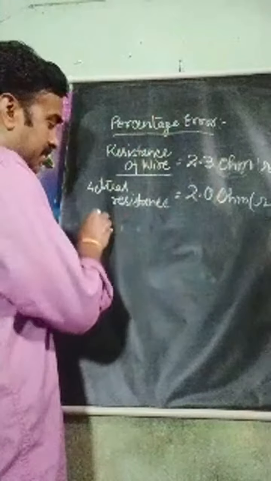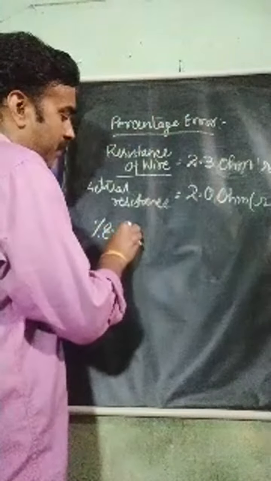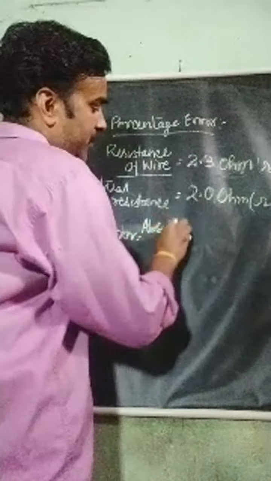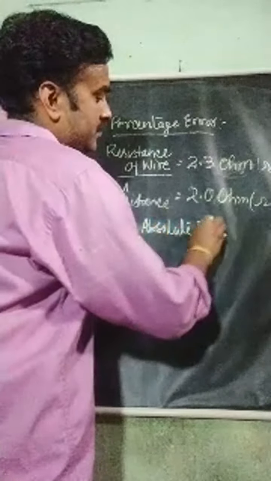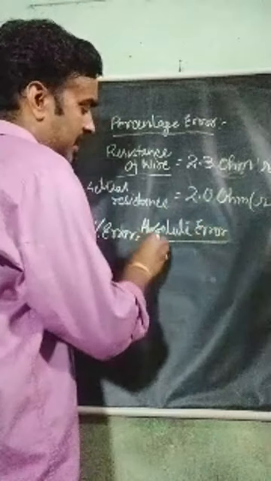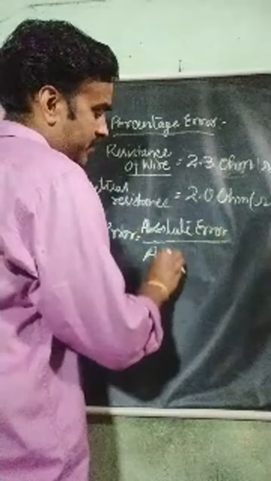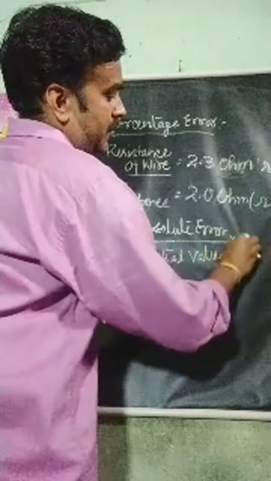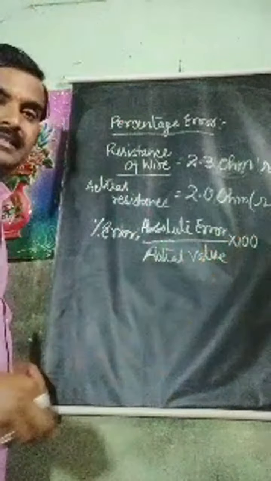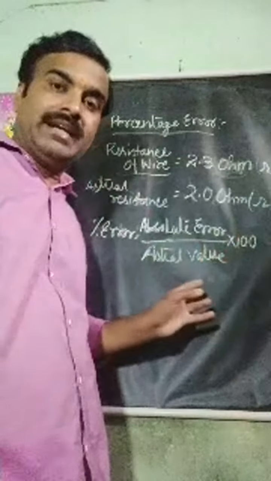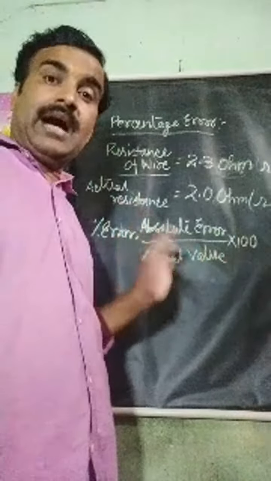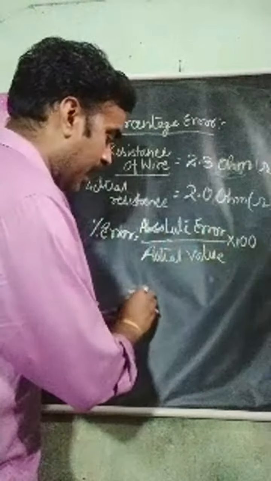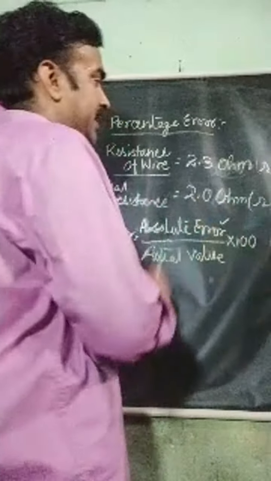That means percentage error, already given the formula, is absolute error upon actual value, multiplied by 100. This is the formula by which we can calculate the percentage error. Now already I have explained previously how we can calculate the absolute error.